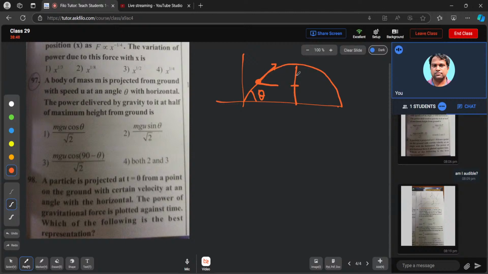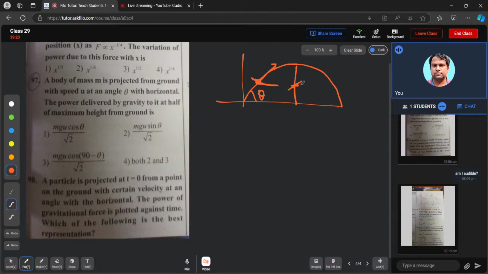Two in the denominator, no? And we need power. So the point is the half maximum height point.